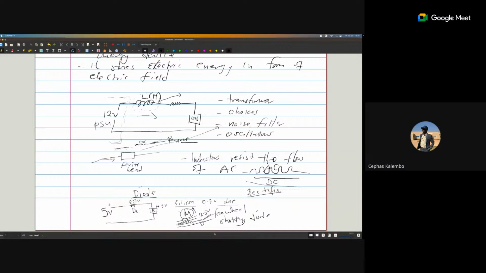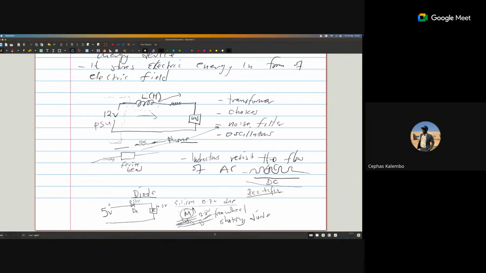So this is your X plane, this is the time, and this is your voltage on the Y. So if at this point you are getting 125 volts AC, and that's time or phase angle, when this goes up like that, this is the positive side, then this will be the negative side.